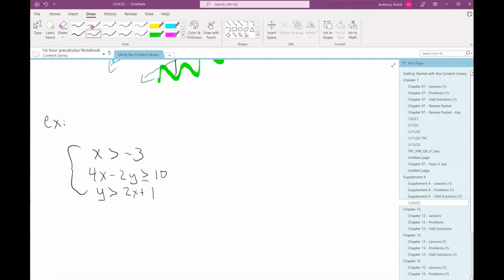So again, I'm going to start by noticing that middle inequality is not in slope-intercept form. So I'd want to start by rearranging that one.